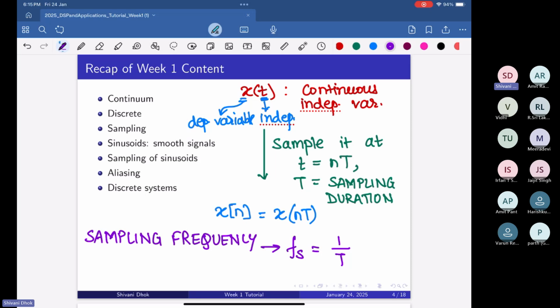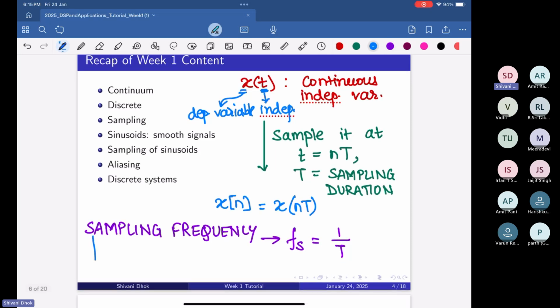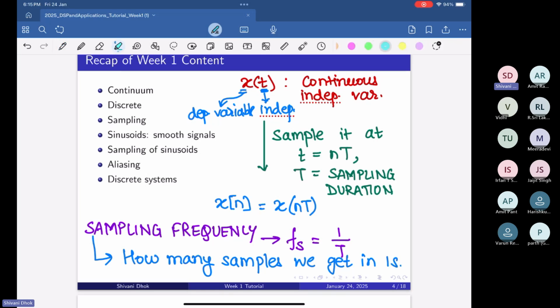And what does sampling frequency tell us? This sampling frequency tells us how many samples we get in 1 second. Okay, so this is all about the sampling.